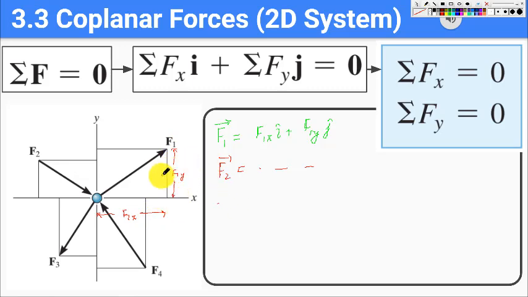Okay. So when we have broken all of these four forces into their x and y components, this equation would simply translate to F1x plus F2x plus F3x plus F4x equals 0.